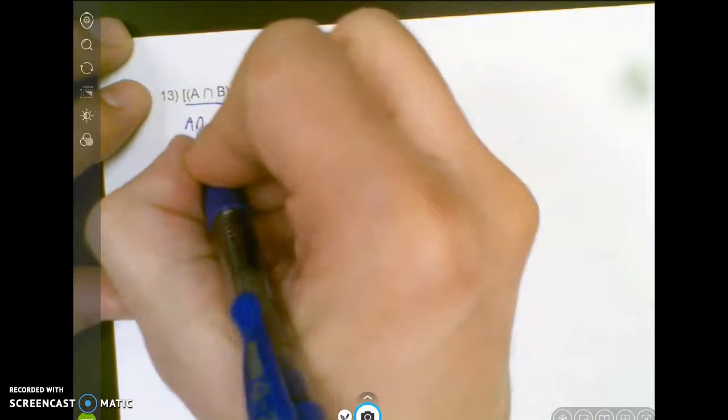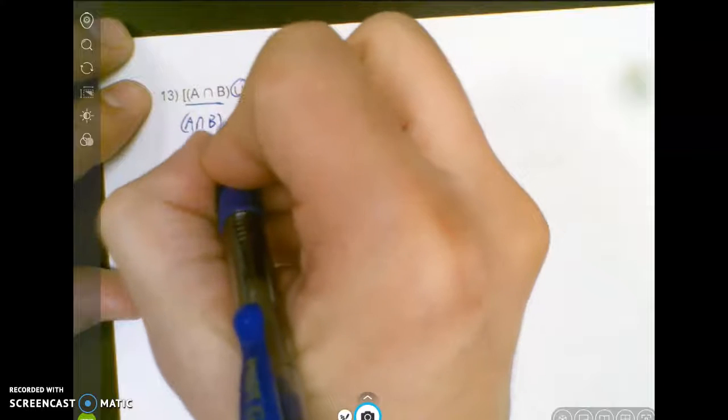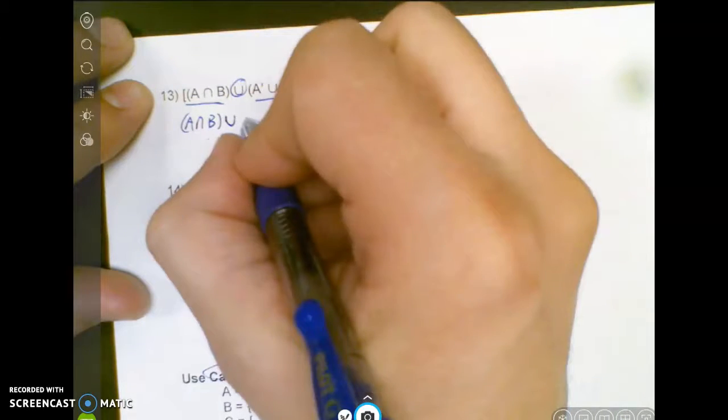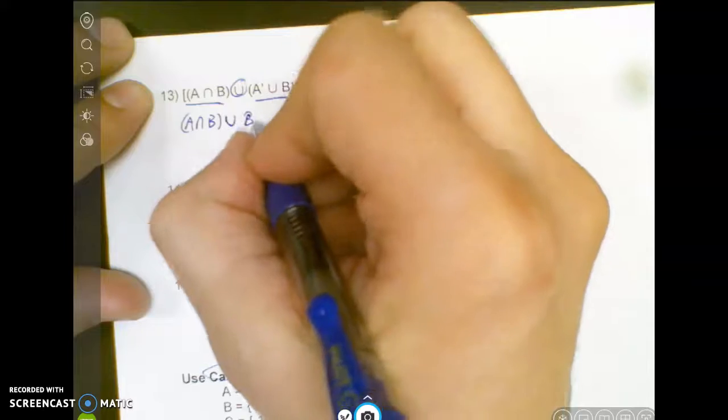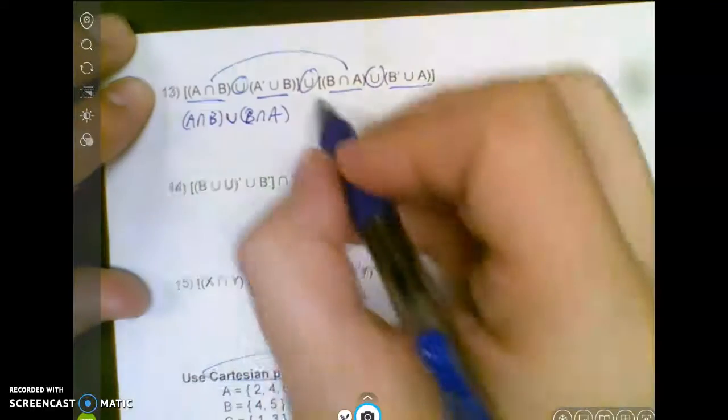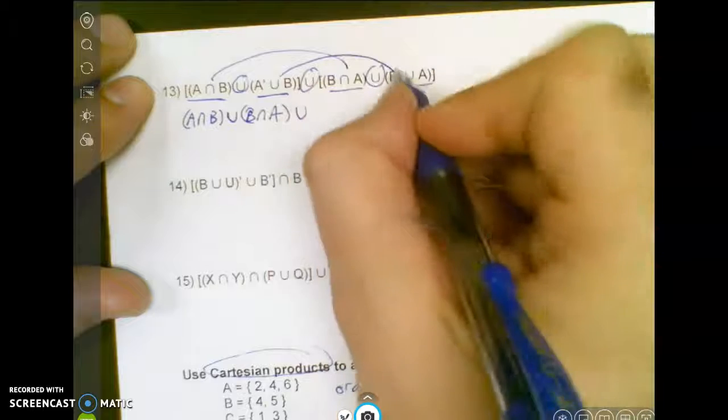So I want this guy along with this guy. So I got these two together. And I'm going to get these two together.